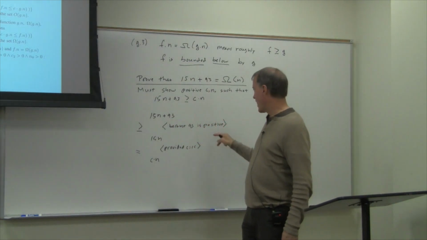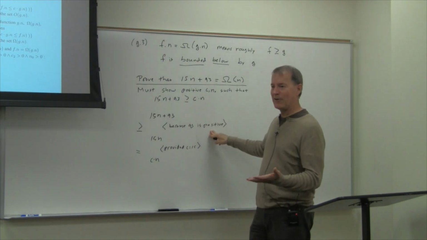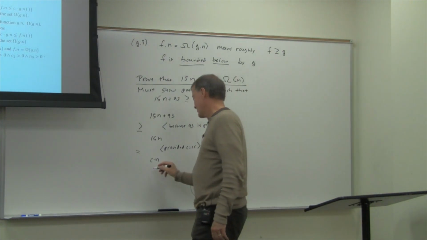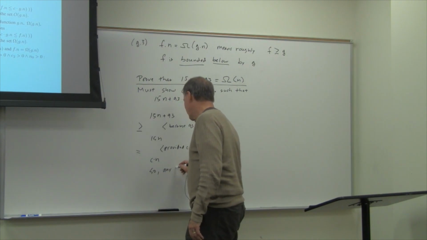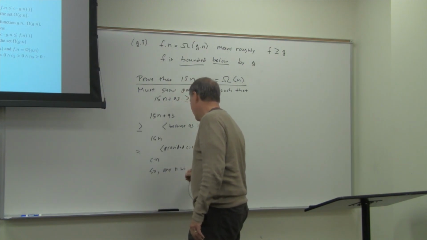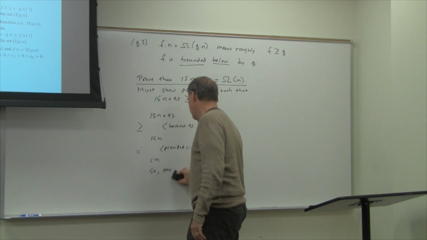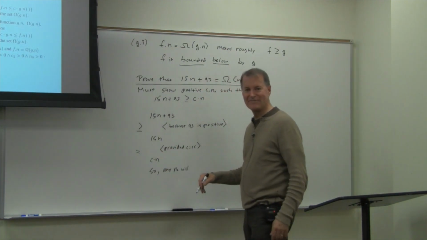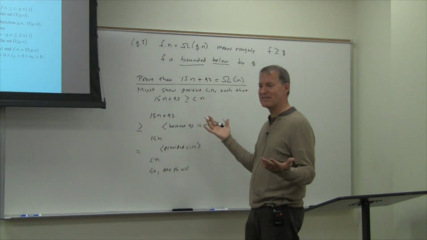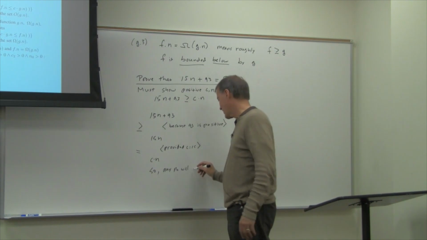So c equals 15, and furthermore, any n naught will do. So just pick a positive one. What's the easiest positive one?